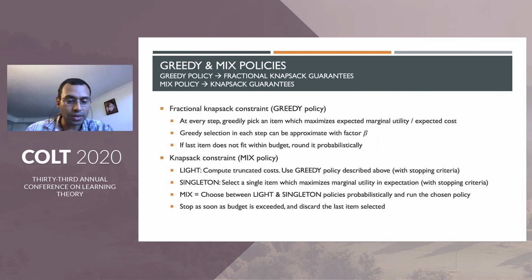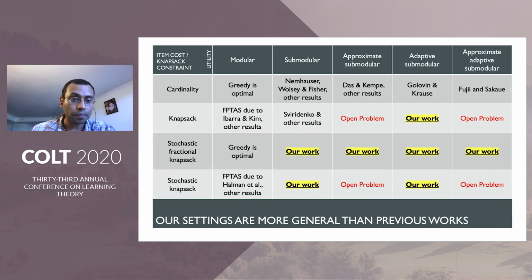One thing to note is that as soon as you exceed the budget B, the algorithm stops and discards the last item that was selected, whether it's light or singleton. So you're guaranteed to be within your budget B with probability 1. And as we describe in the paper, these policies have provably good guarantees for the settings studied in our paper.